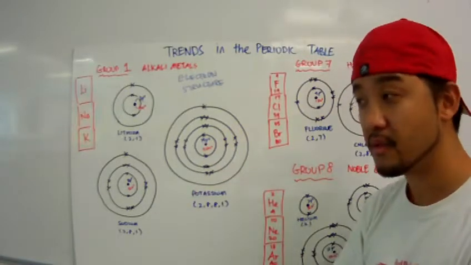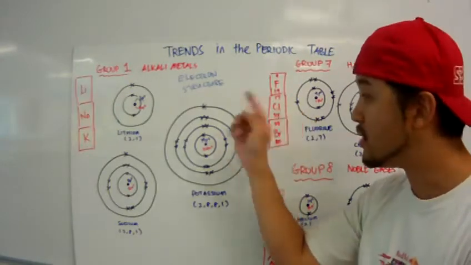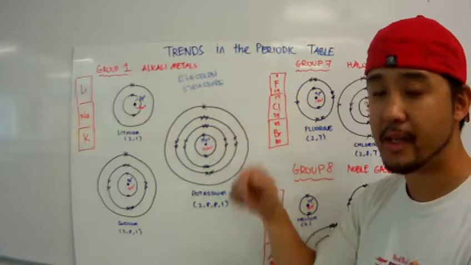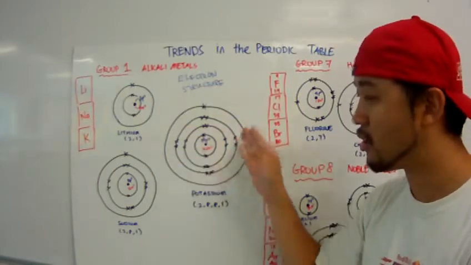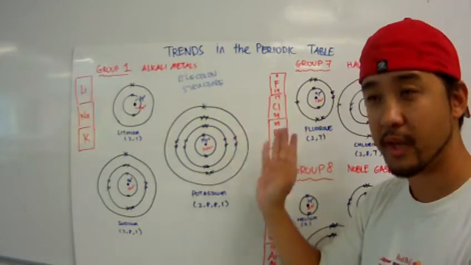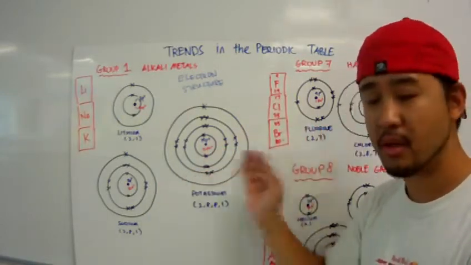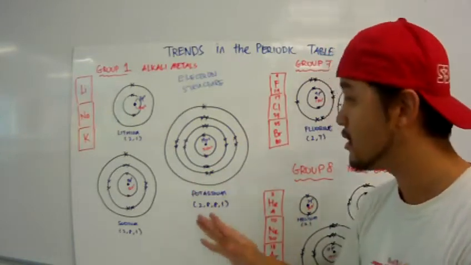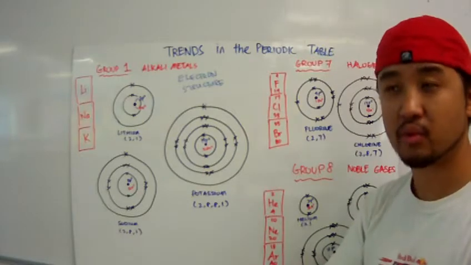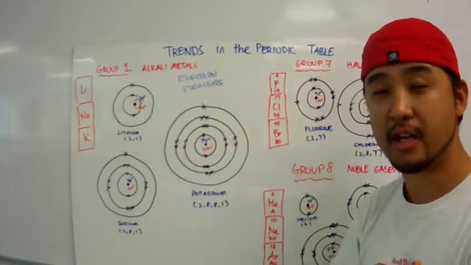And this is important because this electron, being so lonely, wants to find a better home. But all the other homes in the other shells are completely filled up. They're fully occupied. You can't force any more electrons in there. So that electron is willing to move or migrate to other elements.